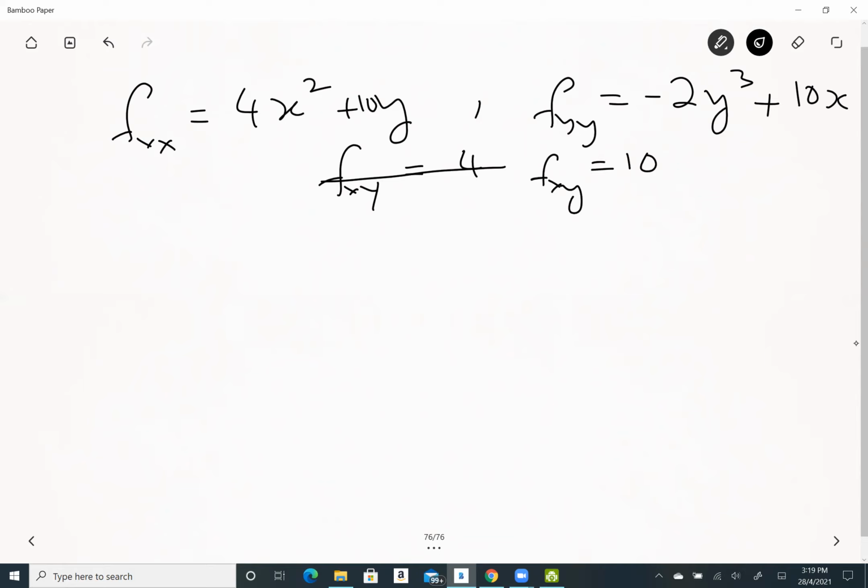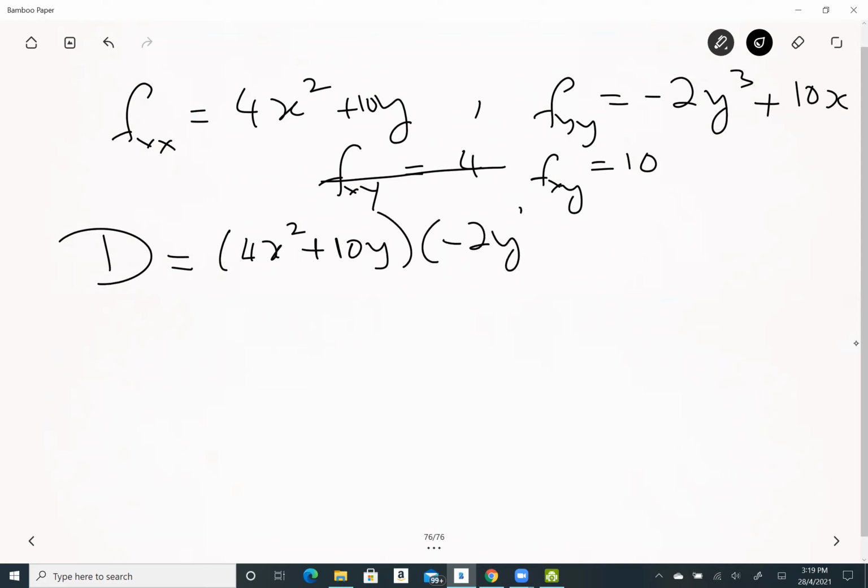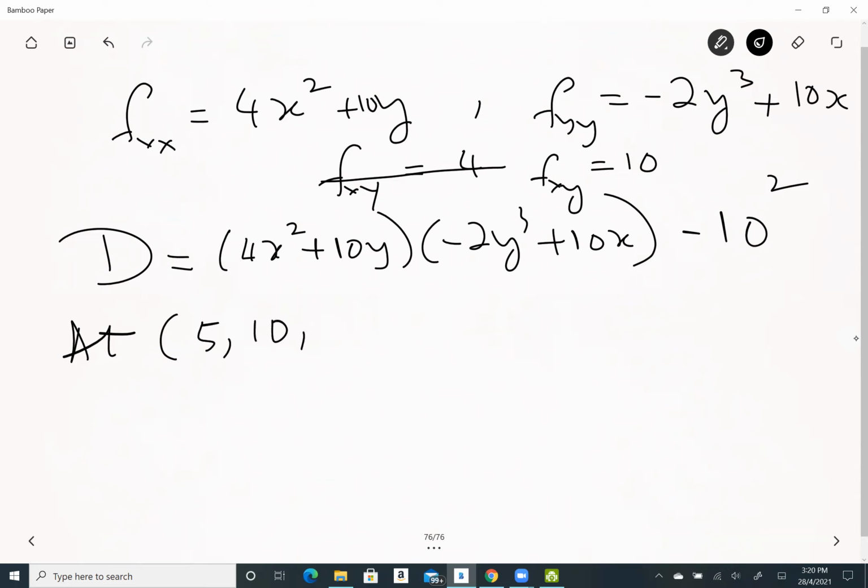So now what is D? D is 4x squared plus 10y multiplied by negative 2y cubed plus 10x, minus 10 squared. See here you got x and y everywhere. So now what you do, at a particular critical point, suppose I have a critical point at 5, 10.